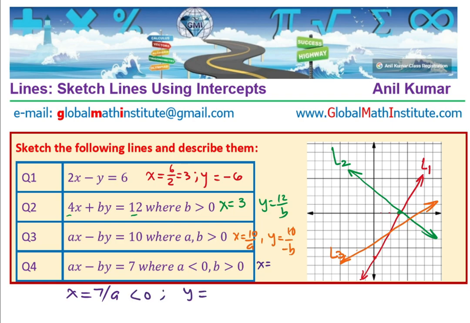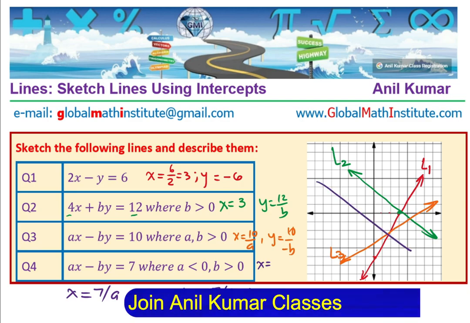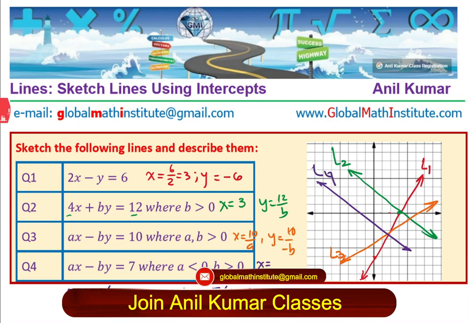And y is equal to 7 over minus b, or minus 7 over b. But b is positive, so this is also less than 0. So both are negative, right? So this graph will be kind of like this, correct? Line 4. You get an idea. So these graphs are drawn based on the given conditions of the line, and that was the exercise which we did. I hope it makes sense.